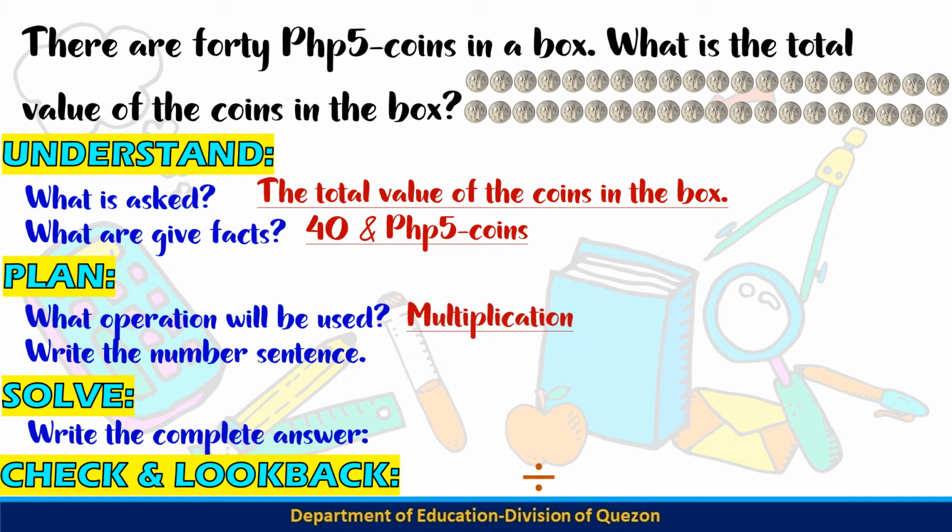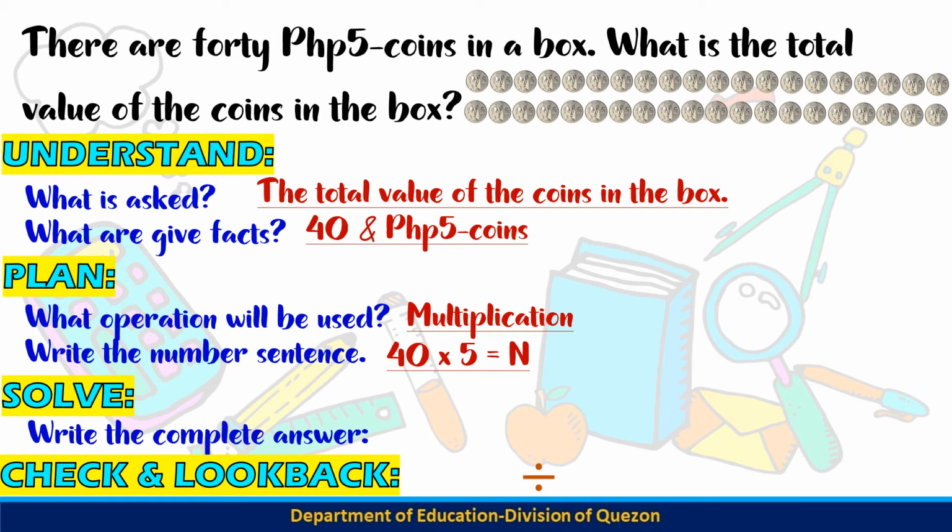The operation to be used is multiplication. Naturally, isa naman ang ating pinag-aaralan ngayong operation, multiplication. Now, write the number sentence. The number sentence is 40 multiplied by 5 is equal to n.